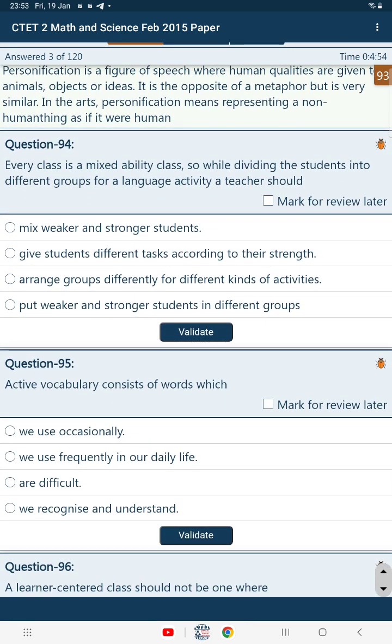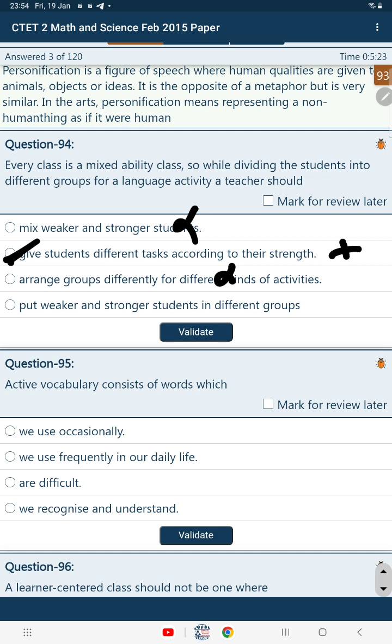Every class is a mixed ability class. So while dividing students into different groups for a language activity, a teacher should mix weaker and stronger. This is the negative. Give students different tasks according to their strength, this is positive. Arrange the groups differently for different kinds of activities.